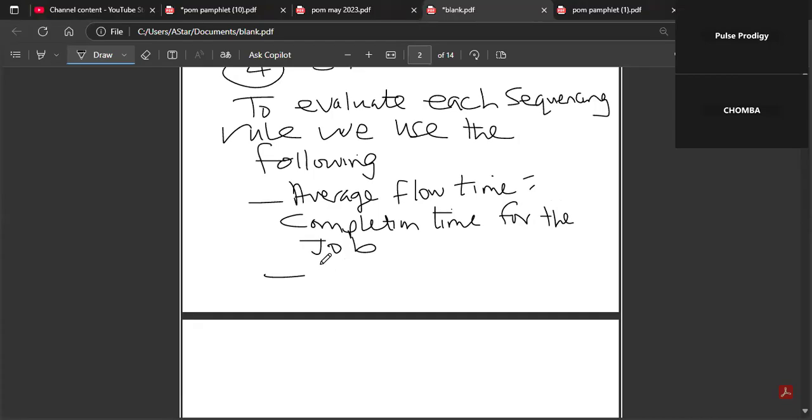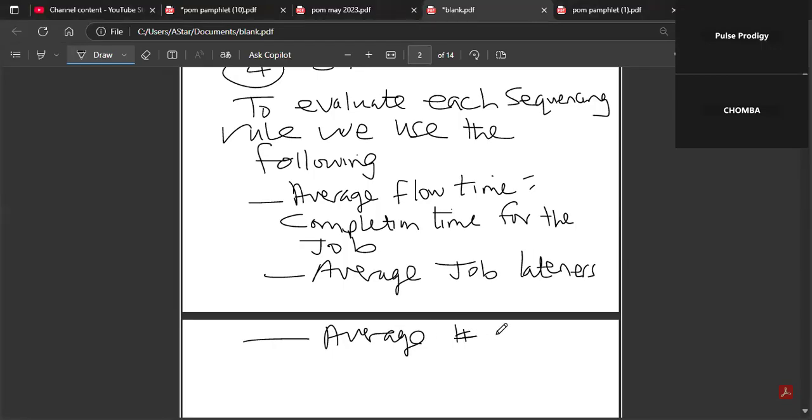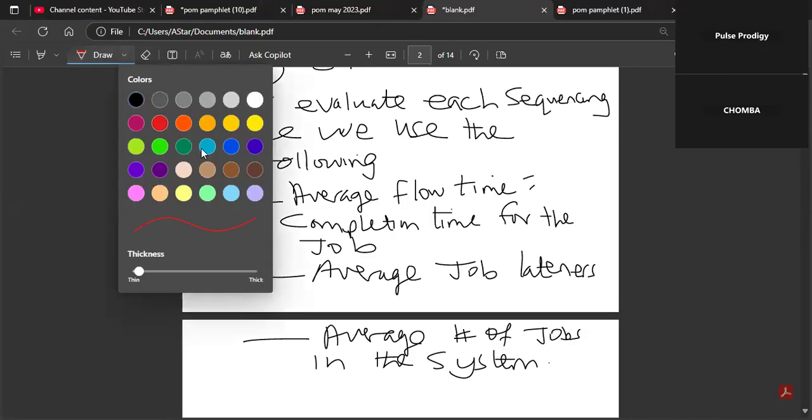Then you have average job lateness. And average number of jobs in the system. Average number of jobs in the system. So these are the criteria that we use to evaluate each sequencing rule. Okay.